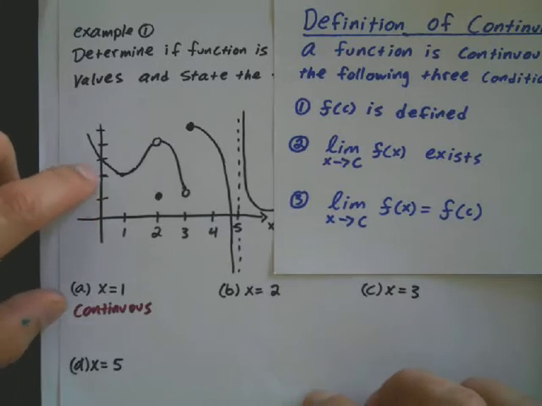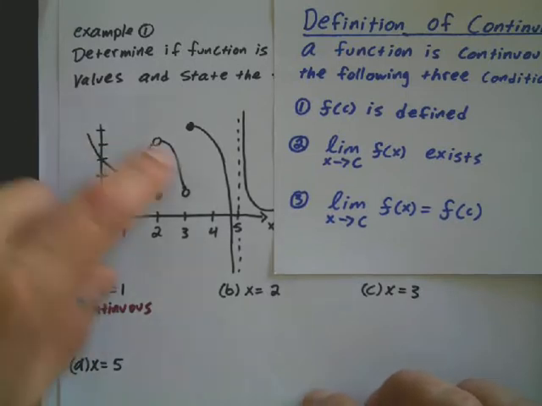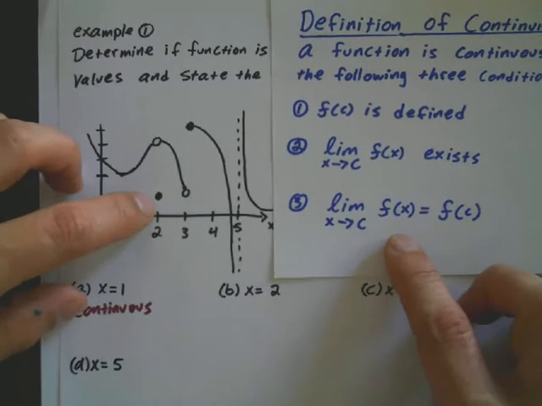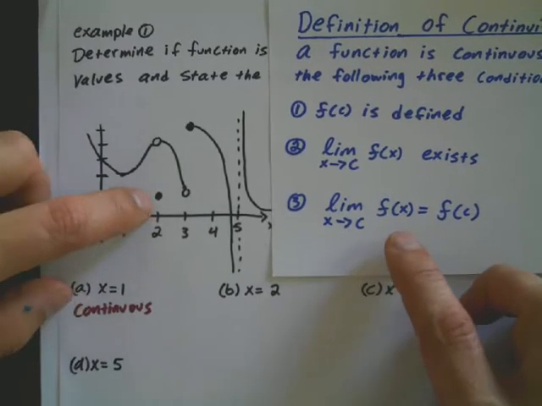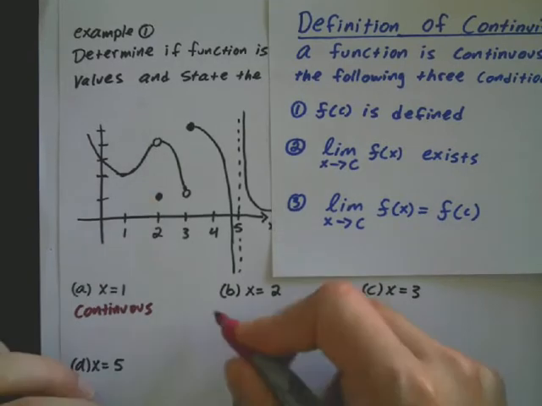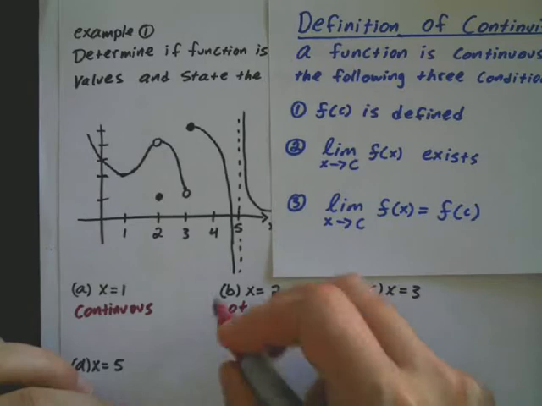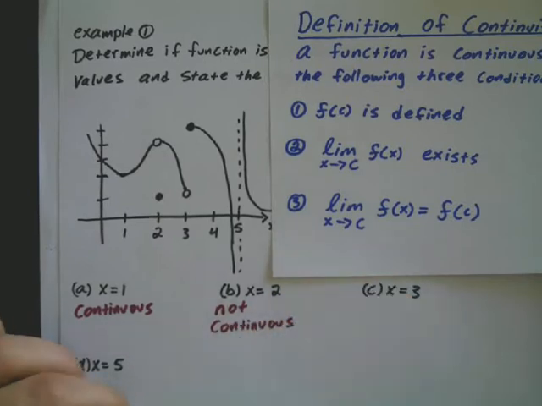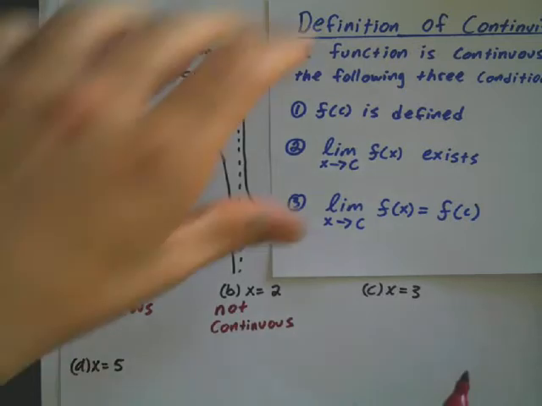However, the limit does not equal the function value, meaning that the hole is filled in down below, so this is not continuous. After I go through these examples, I'll talk about the types of discontinuities.